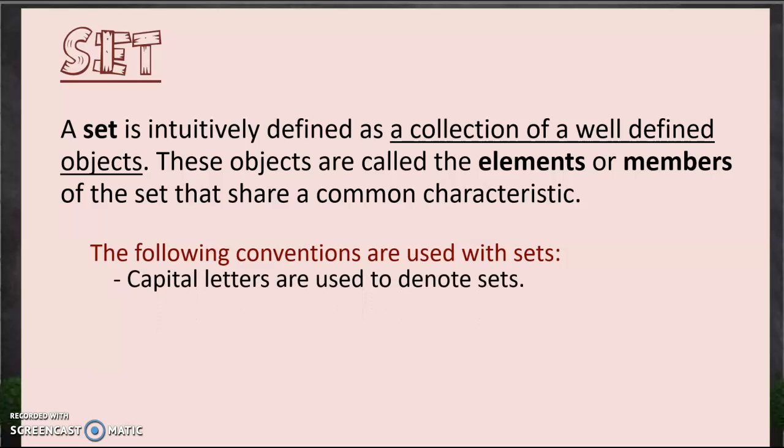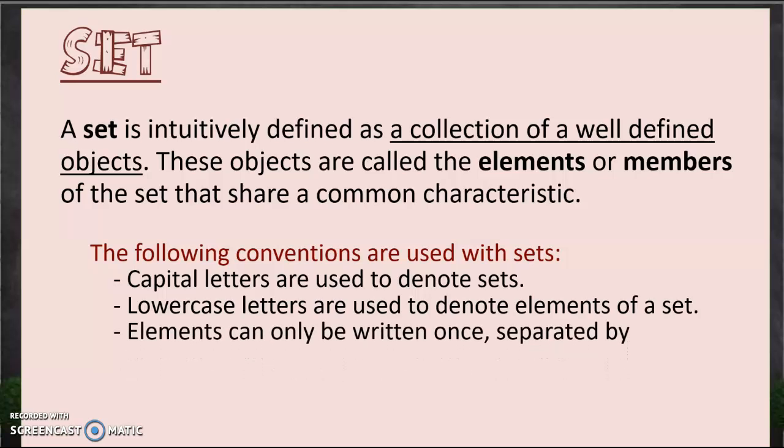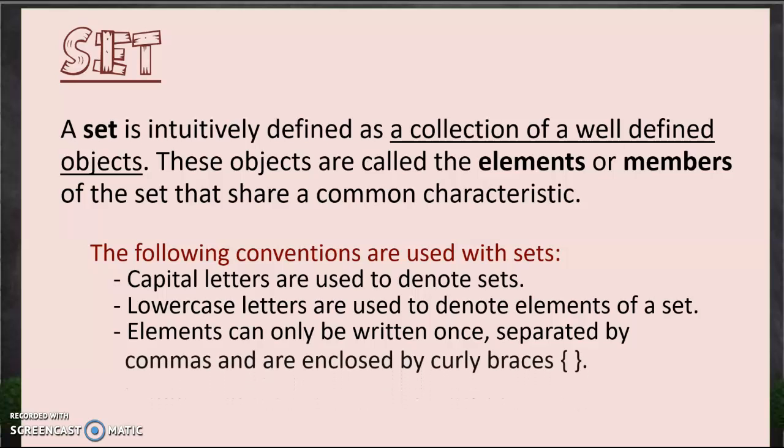Capital letters are used to denote or name a set. Lowercase letters are used to denote the elements of the set. Elements can only be written once, separated by commas, and are enclosed by curly braces.